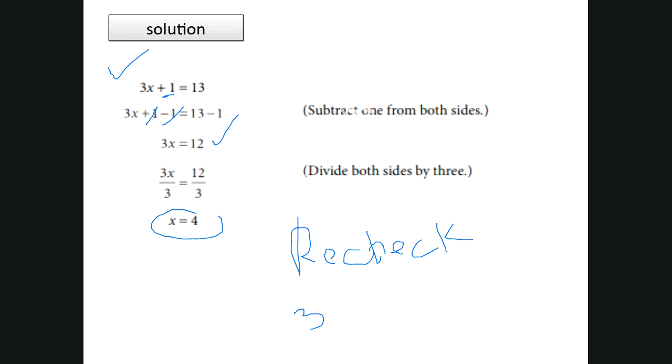In place of x you can put 4, then plus 1 is equal to 13. So 3 4s are 12 plus 1 is 13, so 13 is equal to 13. It means your answer is correct. The value which you have calculated, x is equal to 4, is correct.